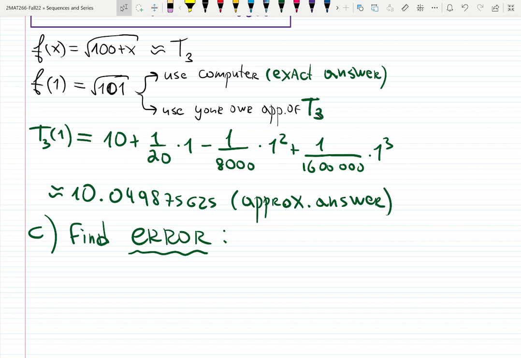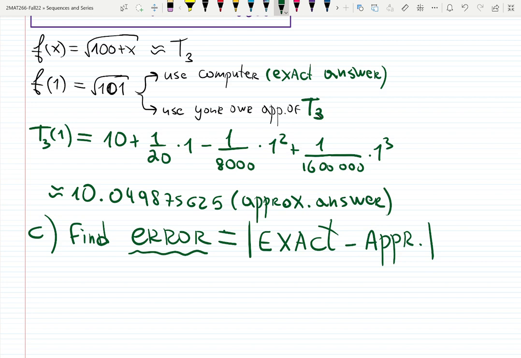So the error equals, let me give you the formula, it's always more or less the same: the absolute value, because we don't care about the sign, of the exact answer, the good one, minus the approximate, which is our answer.